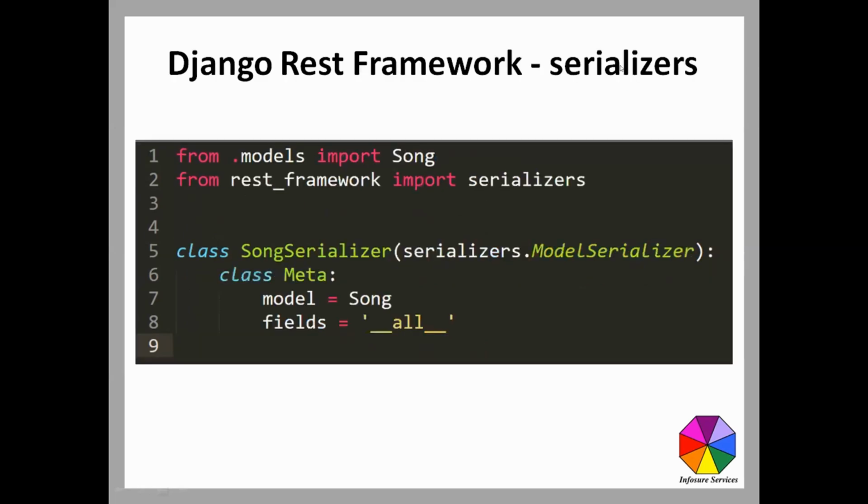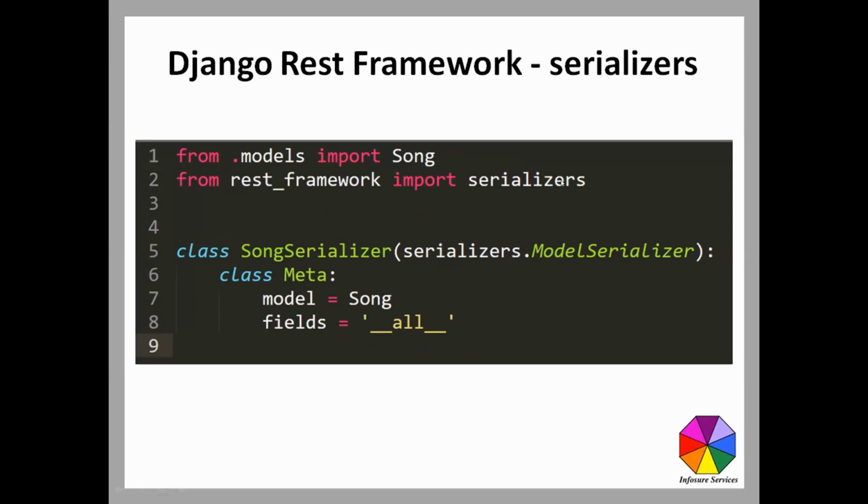The second thing is to define the serializer. When you define the serializer, what do you need? I need the model, right? So from .models, import Song. There is a rest_framework library.